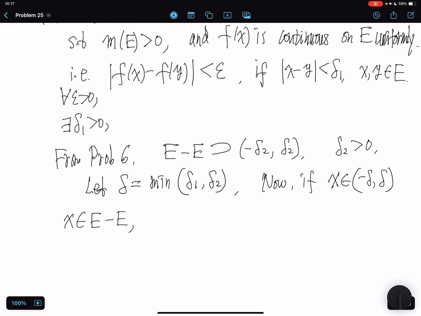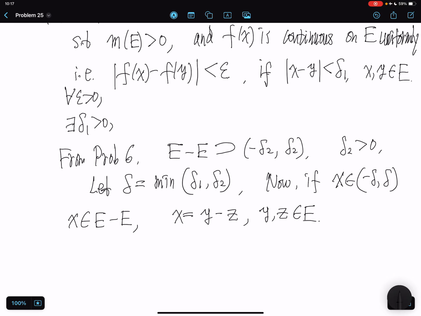Which means x is equal to y minus z, where y and z are in E. Since delta is the minimum of delta 1 and delta 2, delta is less than delta 1, so the difference y minus z is also less than delta 1.